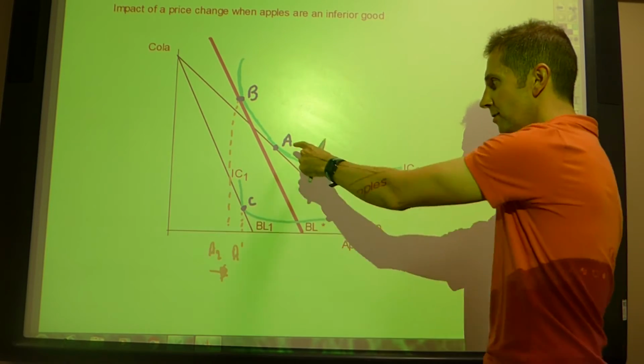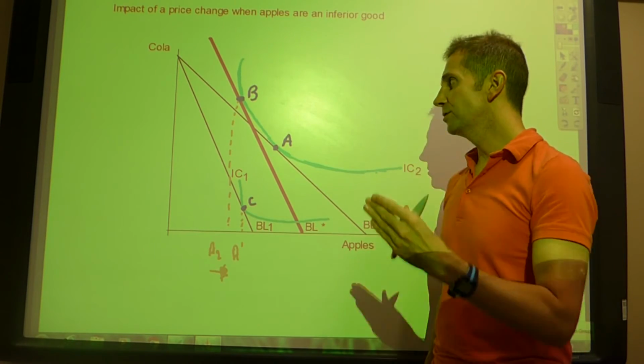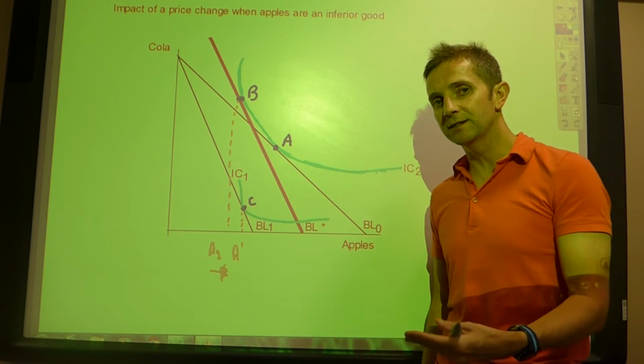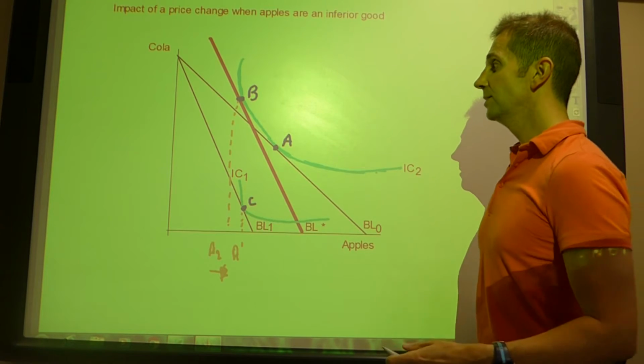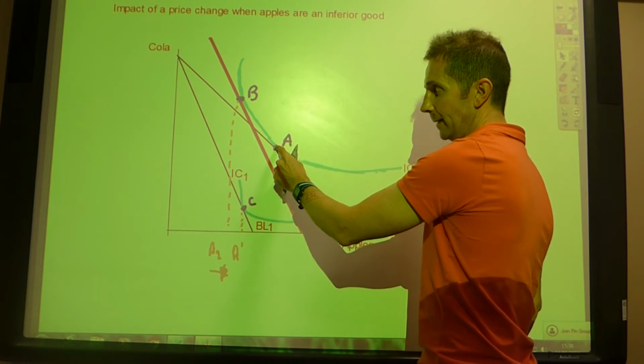They're not bothered whether they're at A or C or D or E or B. As long as they're on it, they're deriving the same amount of utility or satisfaction. And so point B would get the same utility as point A.